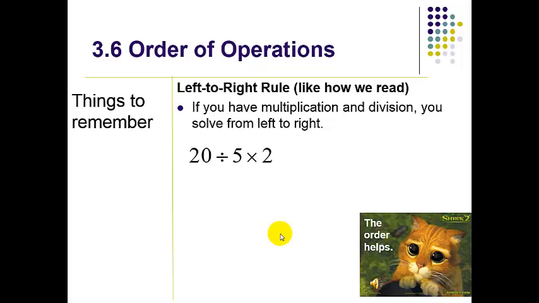So just some of the things to remember is that we read from left to right, so that's exactly how we're going to solve it. If you have multiplication and division in the problem, you solve it from left to right. A lot of people think, oh, you have to do the multiplication first because PEMDAS has the M first, but remember we boxed it. So it's actually going to be the division. 20 divided by 5 is 4, and then 4 times 2 gives us 8.